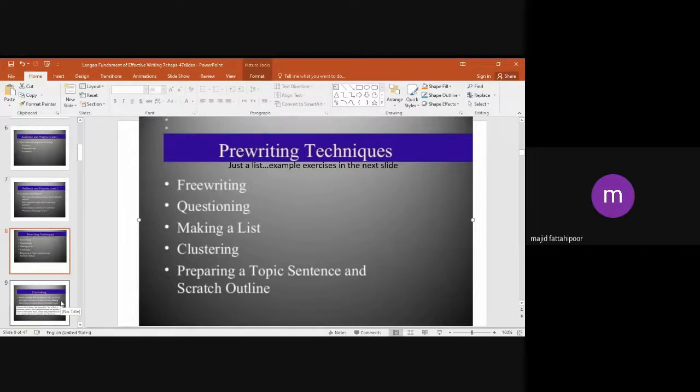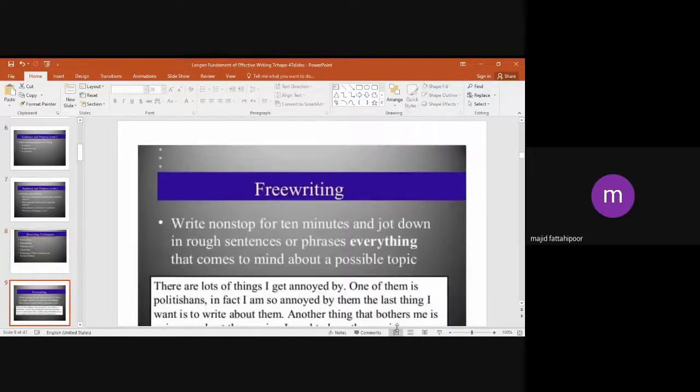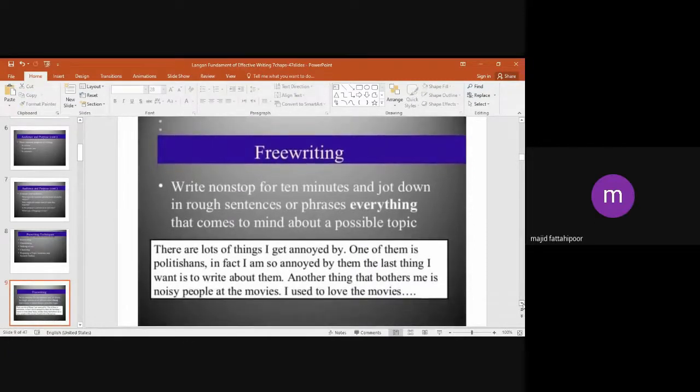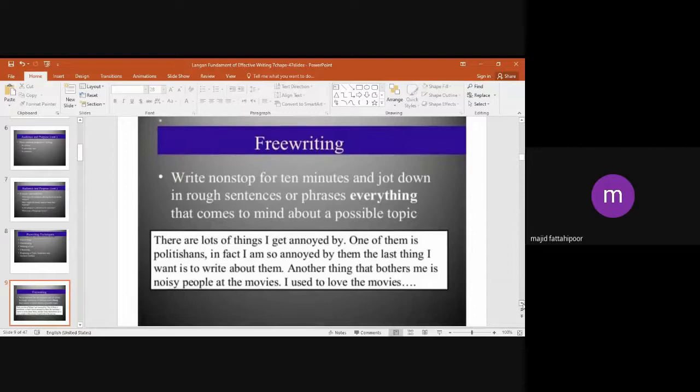And when we use them, I promise that any writer using those techniques can achieve a more effective writing in the end. Because they're step by step, because they're small and achievable. Now, let's go to the first one and give an example for that one. Pre-writing is, for example, when you write non-stop for 10 minutes, okay?